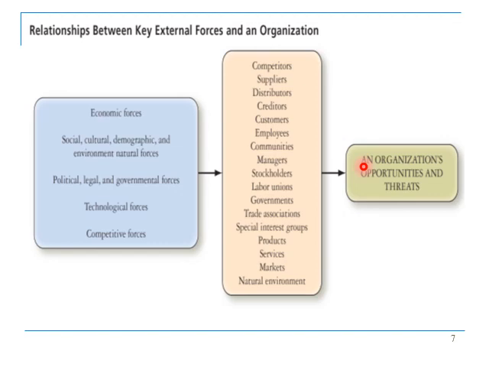You can see, if I try to map the forces, competitors belong to the competitive forces. Supplier is again from the competitive forces. Distributor, again from the competitive forces. Now there comes the creditor.